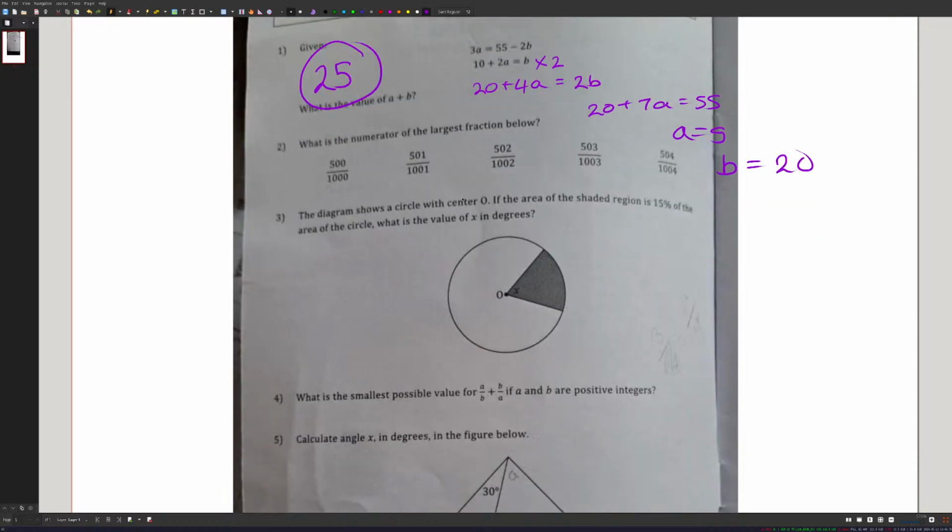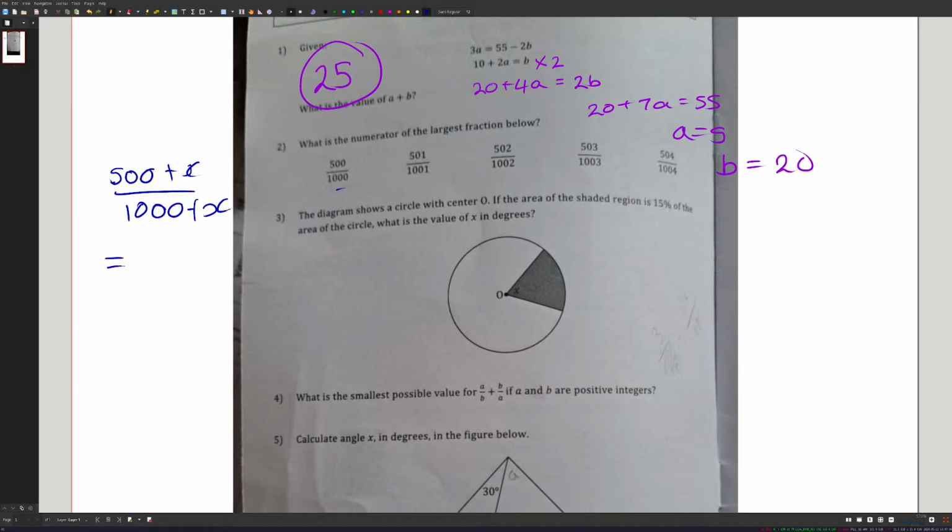Which is the numerator of the largest fraction below? Well, 500 plus x over 1000 plus x. Is this plus x? Why is this? Okay, picking up my hand when it usually doesn't.